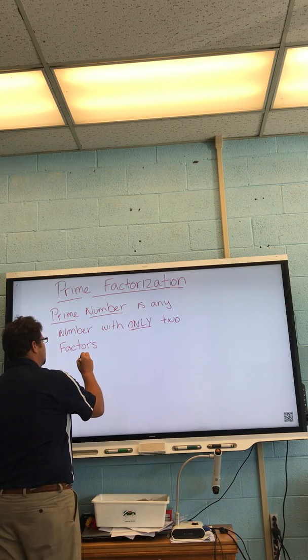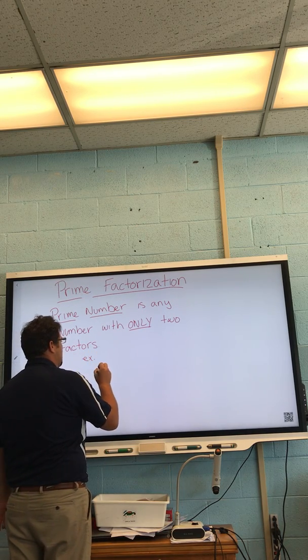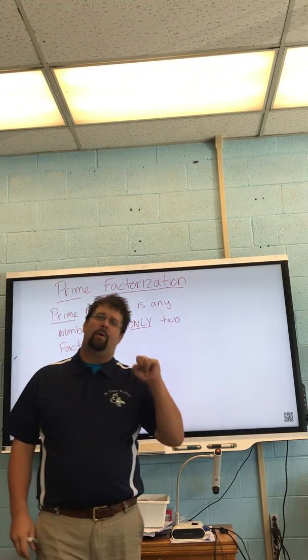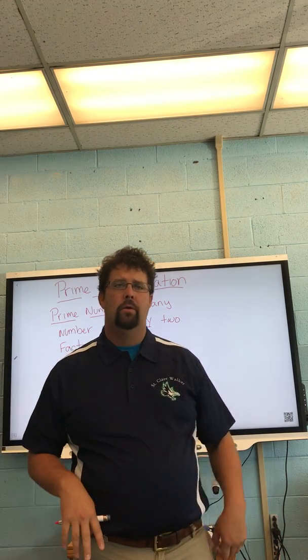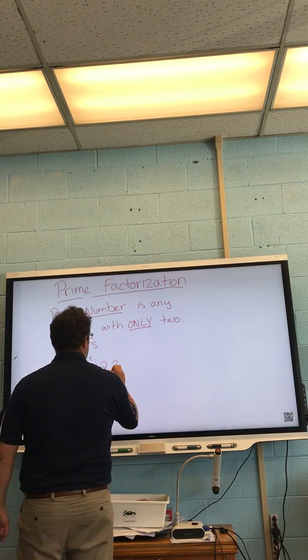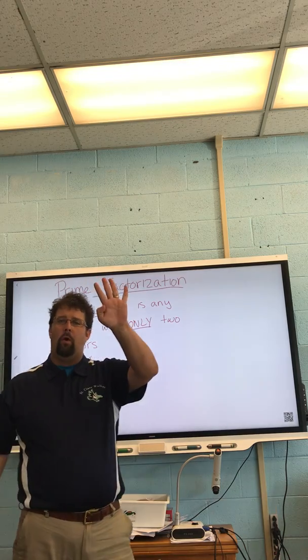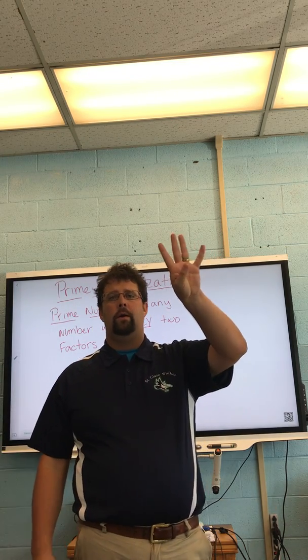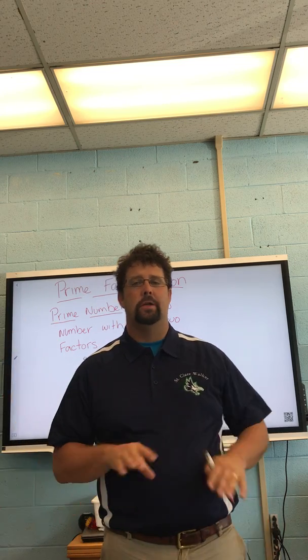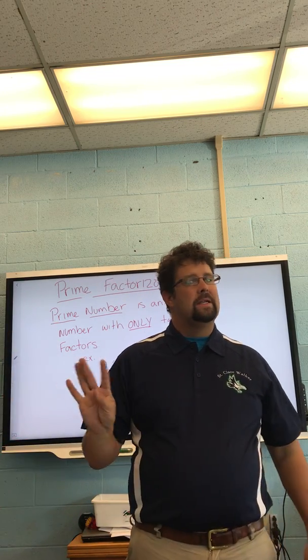So let's have some examples of prime numbers, and these are going to be important. You're going to have 2. The number 3 is a prime number. You have 3 times 1, 1 times 3, that's only 2 factors. 3 is a prime number. 4 times 1, 1 times 4, but you also have 2 times 2, so that does not work. 4 is not a prime number.